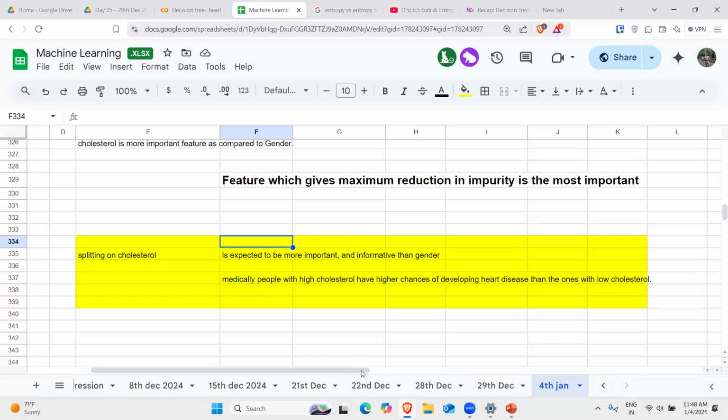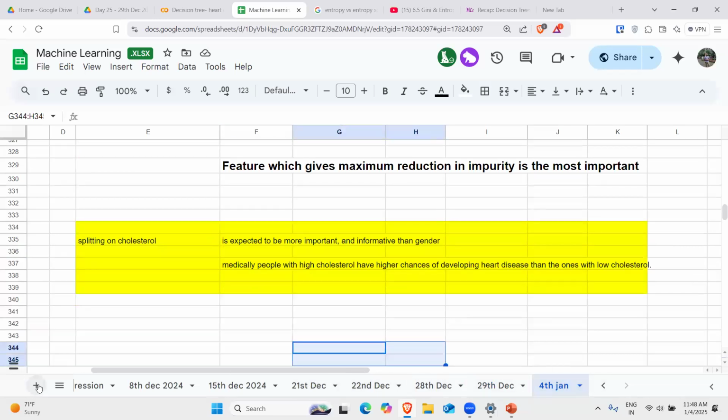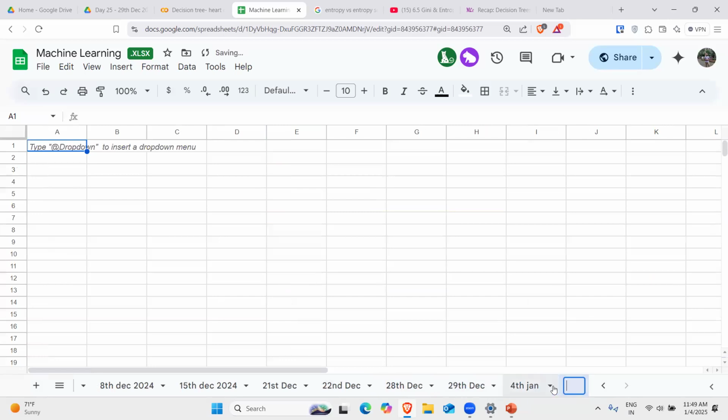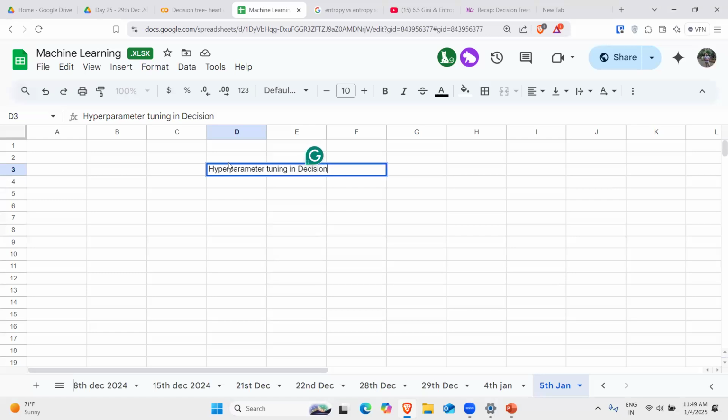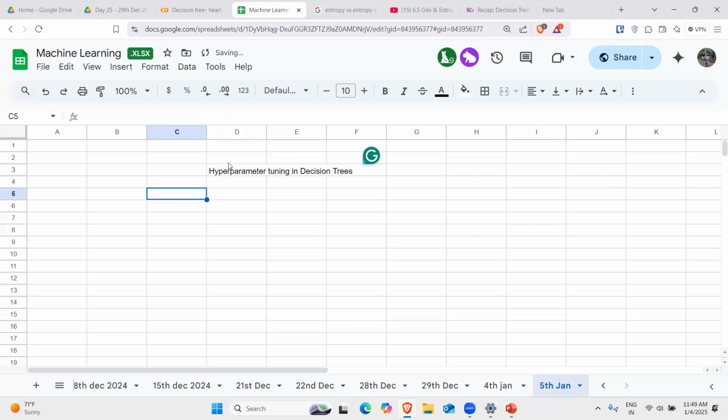In tomorrow's session, we are going to start with the practical implementation. So it will not be boring as compared to today's session. We are going to see the hyperparameter tuning in decision trees, right? So in the previous session, you learned about the concept of homogeneity and its various measures.